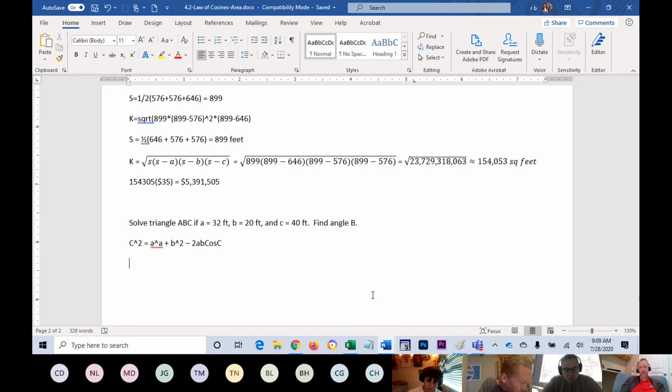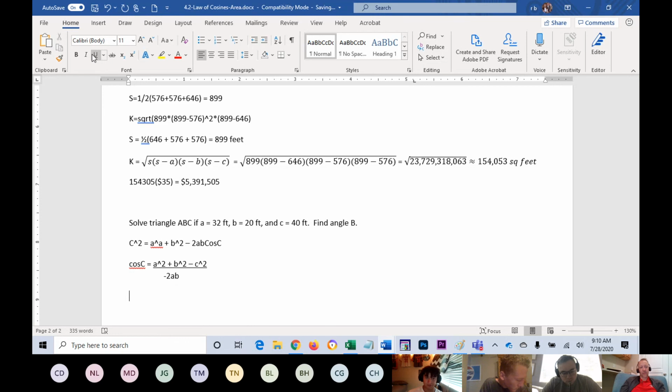So cosine of c will equal a squared plus b squared minus c squared divided by minus 2ab.